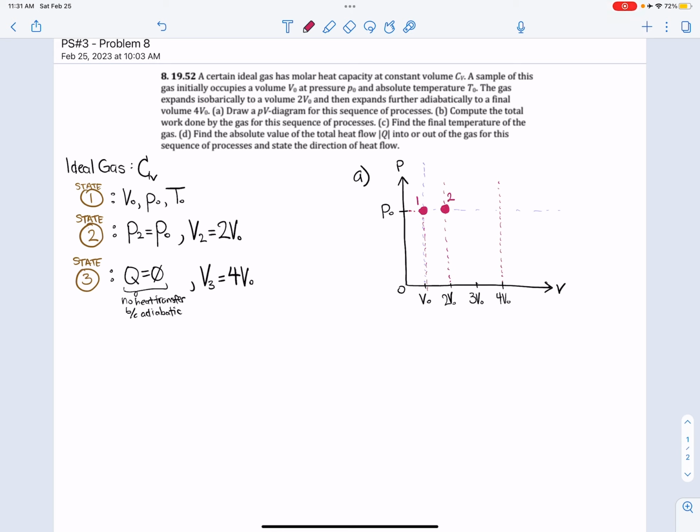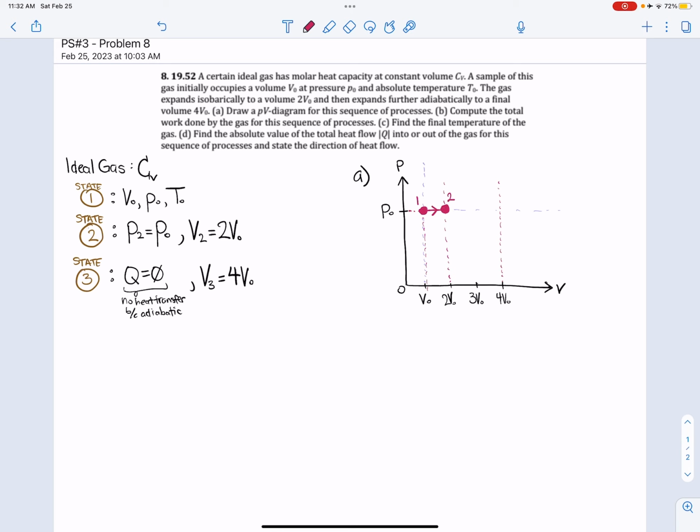So I'll draw my path between state 1 and state 2 first. I went from state 1 to state 2 this way, and the pressure was constant, as you can see. The volume doubled. From state 2 to state 3, I had an increase in volume again, but this time I went through an adiabatic process.